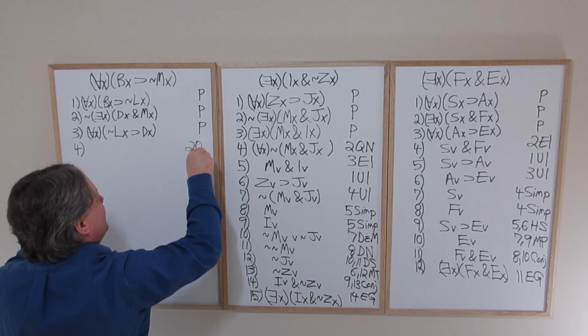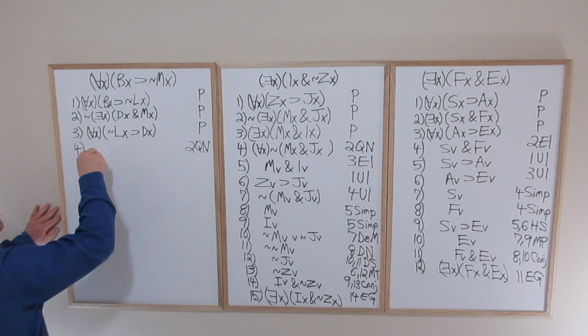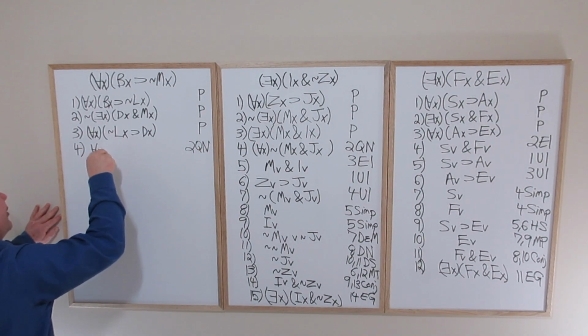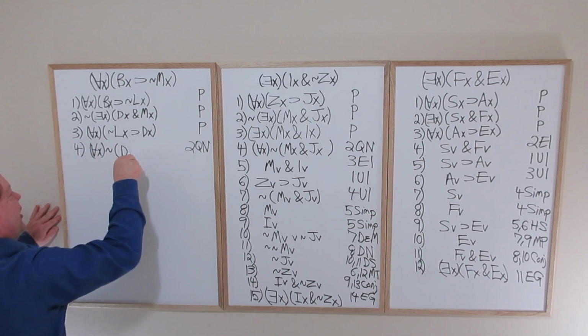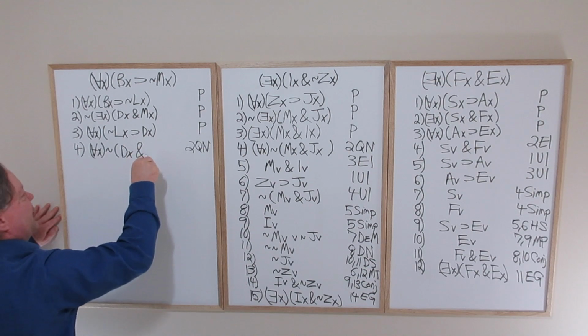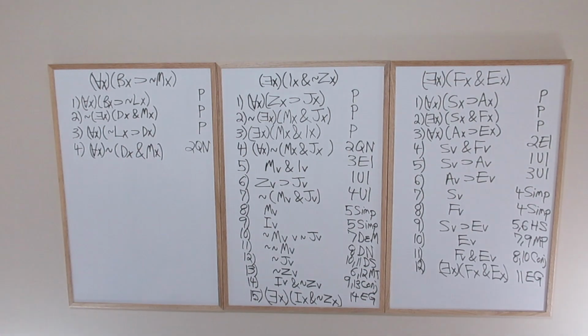to QN, which gives us: all x are such that it's not the case that x is despised and x can manage a crocodile.